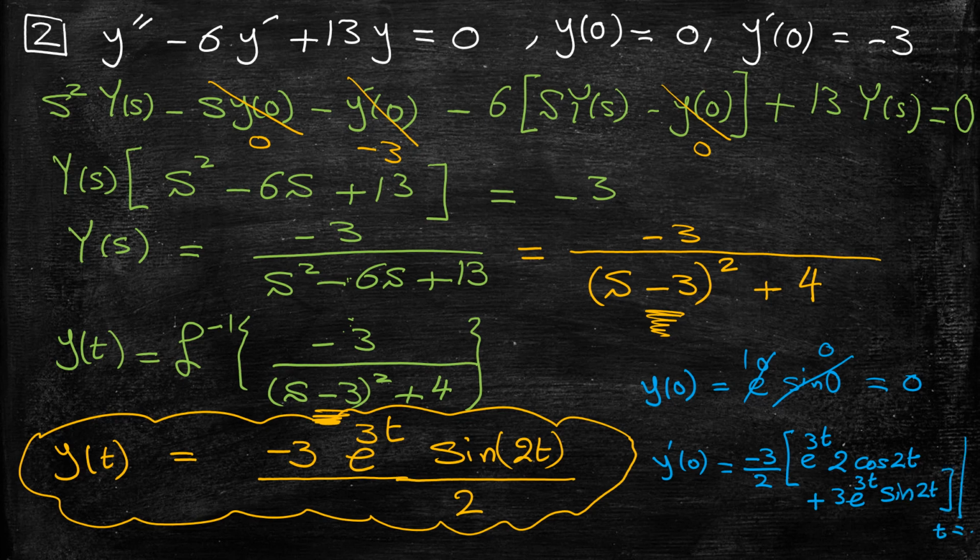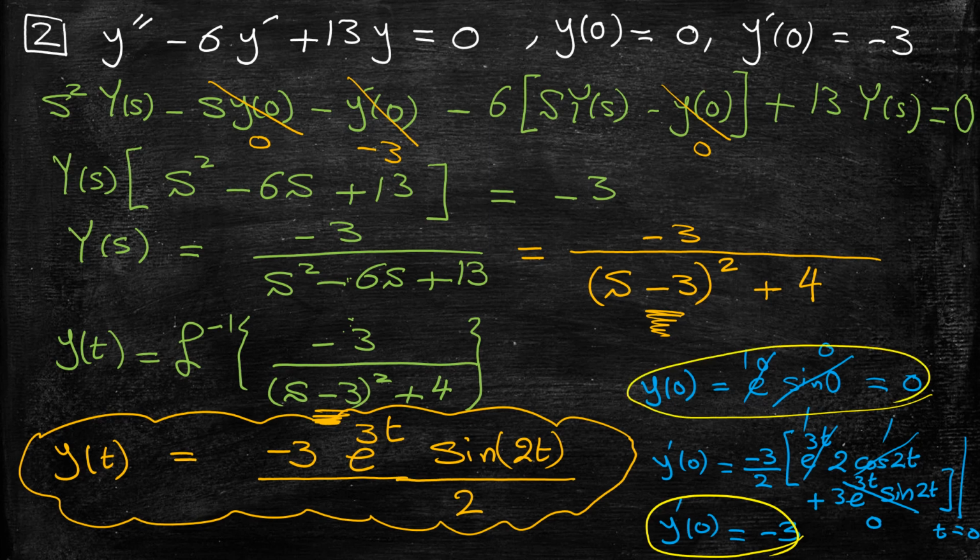All of these terms at t equal to 0, so this term will be 0, this will be 1, this will be 1, and it will end up minus 3 over 2 multiplied by 2, which is minus 3. So y dash of 0 is minus 3. Comparing these values together, they are the same as y dash of t at t equals 0 and y of t at t equals 0. So it means this is most probably the correct answer for this question.